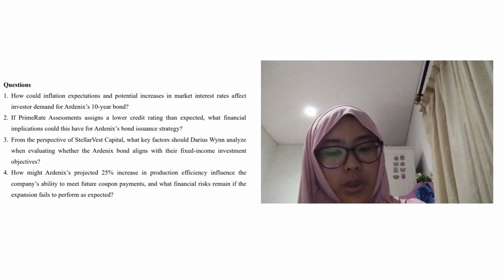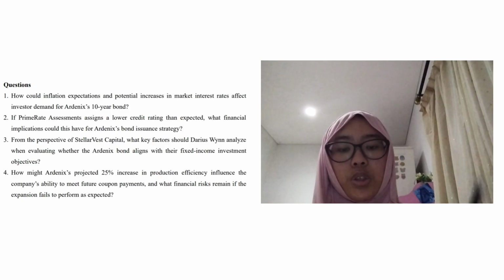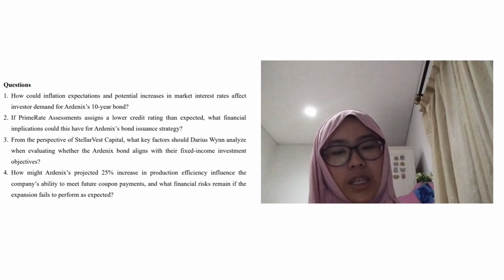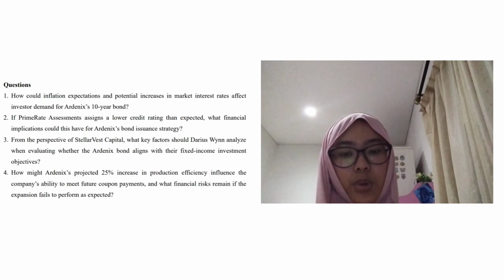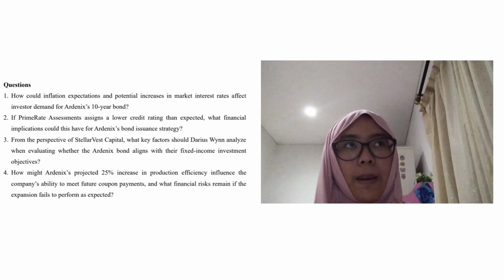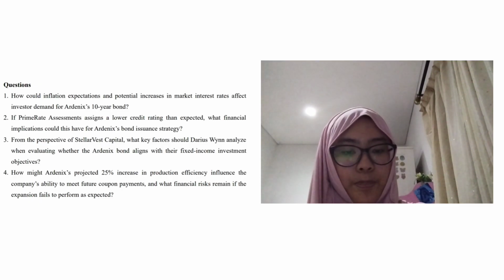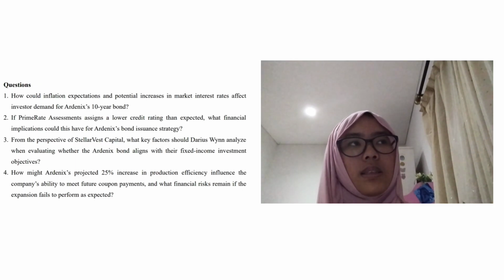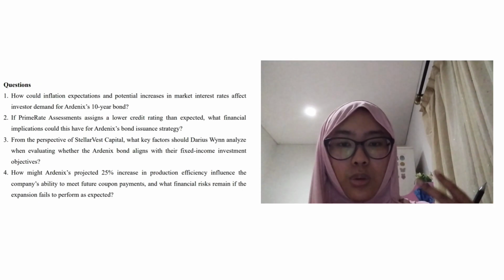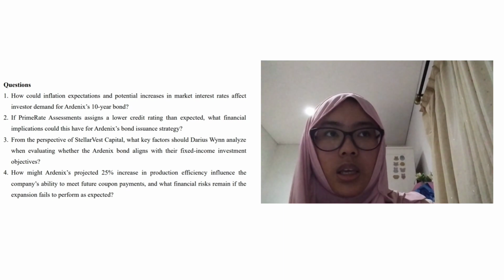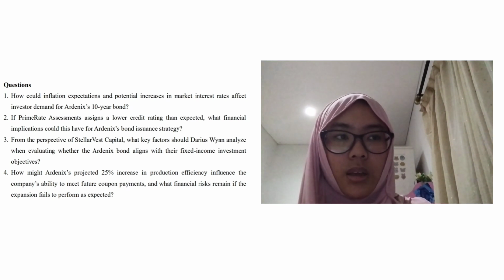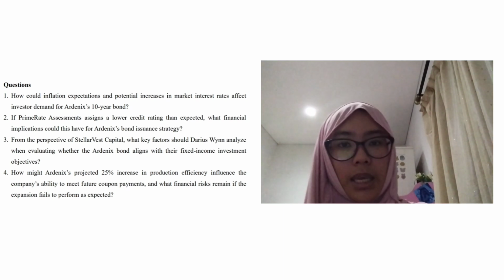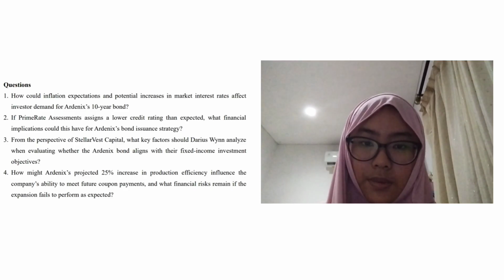And for the remaining risks, if the expansion does fail to perform, Ardenix may face liquidity pressure, as we already know and have maybe predicted, and struggle to service the debt. So these two very important and dangerous risks may lead to Ardenix's potential default.